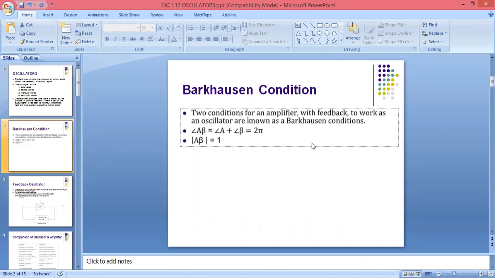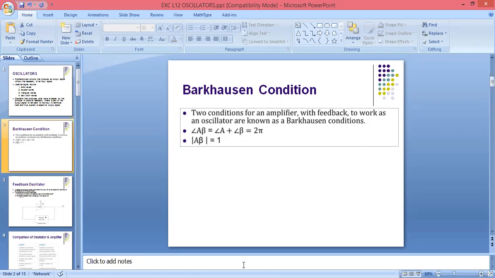So if we have to use that device as an oscillator, we have to follow the Barkhausen criteria. We have to follow the Barkhausen condition, and this condition will be used with feedback to work as an oscillator. It means if we are giving positive feedback to the input and we want to use that device as an oscillator, then we have to follow these conditions.